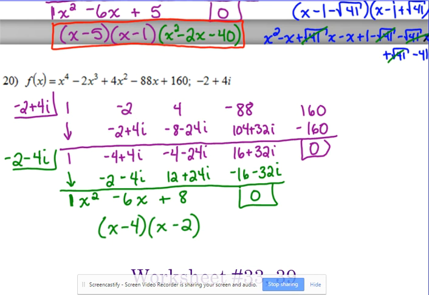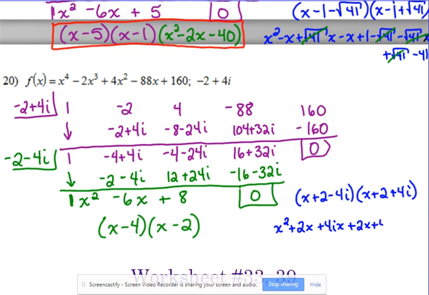Okay? Now, again, we got to go over here to the side, and we got to make this complex thing look a little bit prettier. x plus 2 minus 4i, x plus 2 plus 4i. Multiply it out. x times x, x squared. x times 2, 2x. x times 4i, 4ix. Distribute the 2. Plus 2x plus 4 plus 8i.